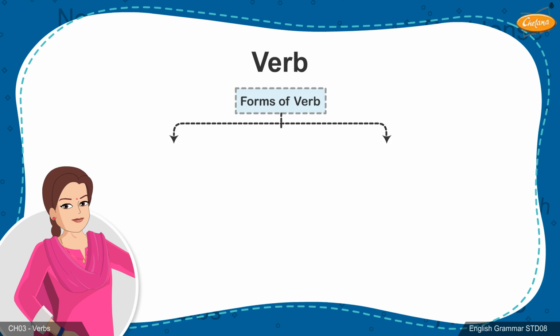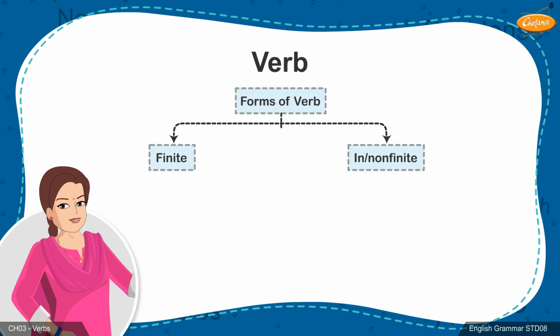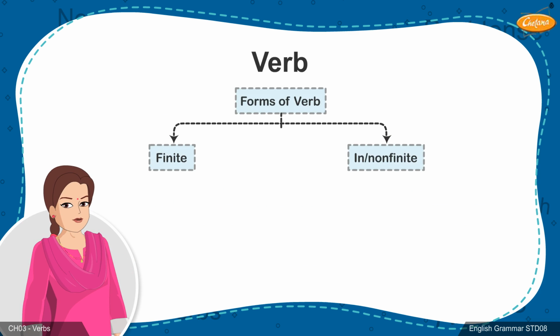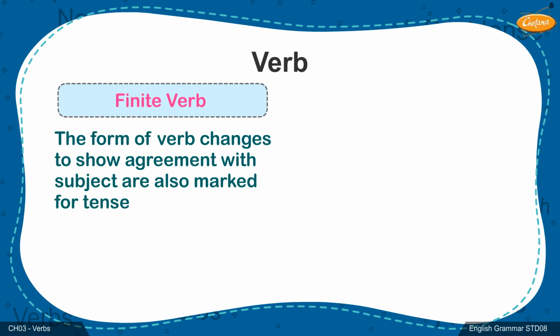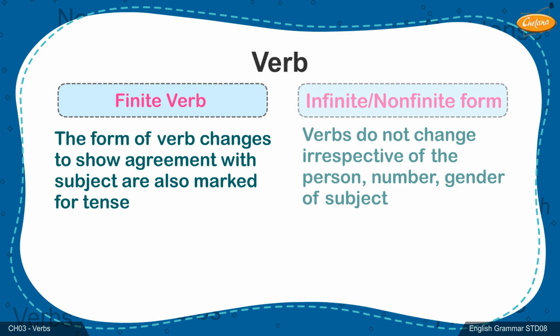Verbs have two forms, the finite form and the non-finite or infinite form. In the finite form, verbs change to show agreement with the subject and they are also marked for tense. In the infinite or non-finite form, verbs do not change at all.